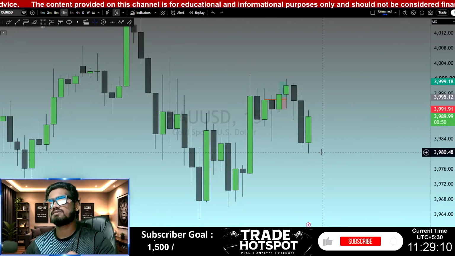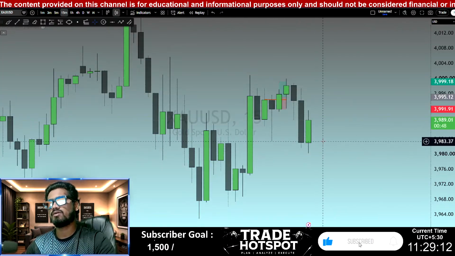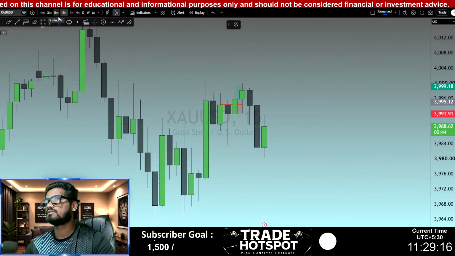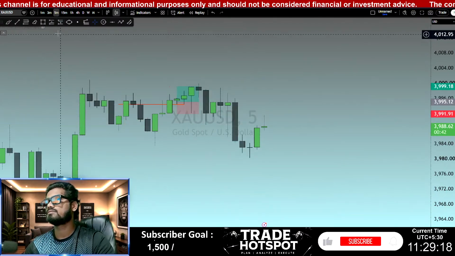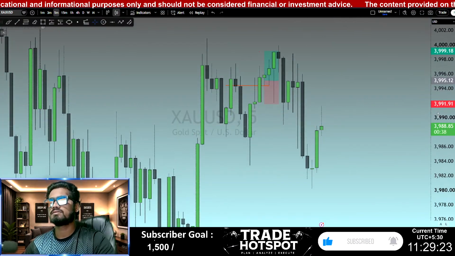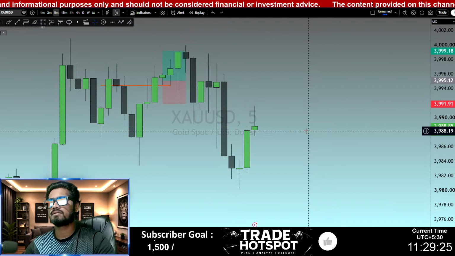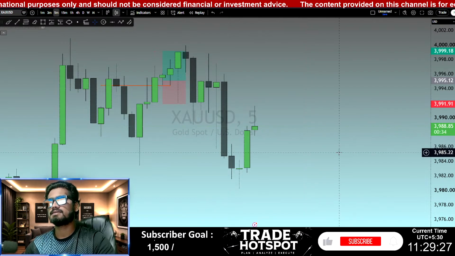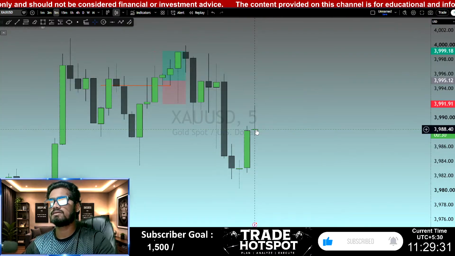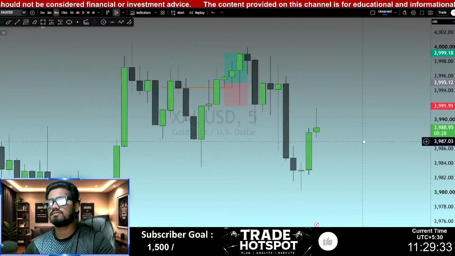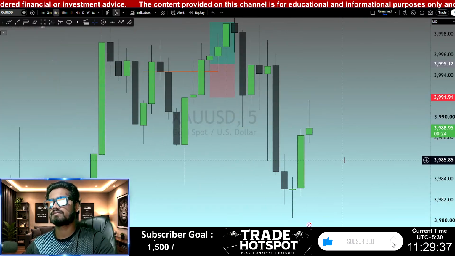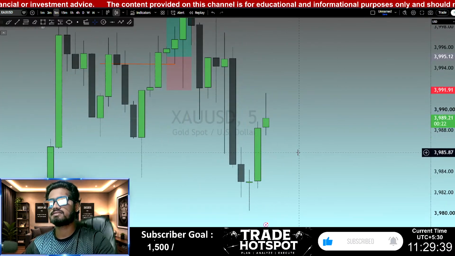If we can see a great entry model, then we can think for buy. Last 30 seconds are left, and this candle is turning into the liquidity sweep candle, guys. So let's see guys, let's see.